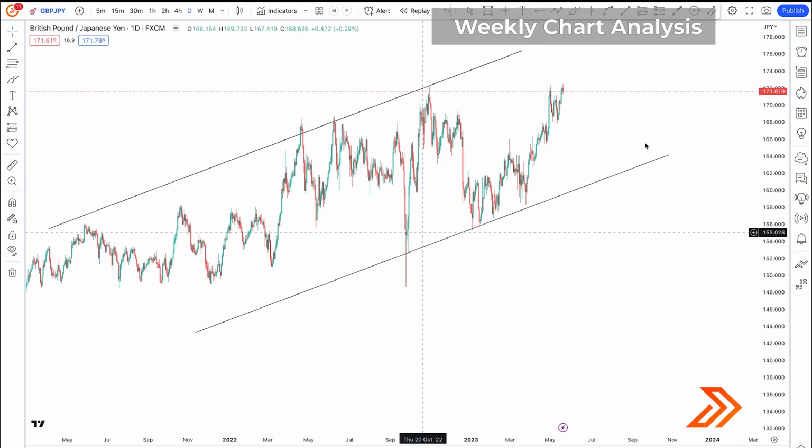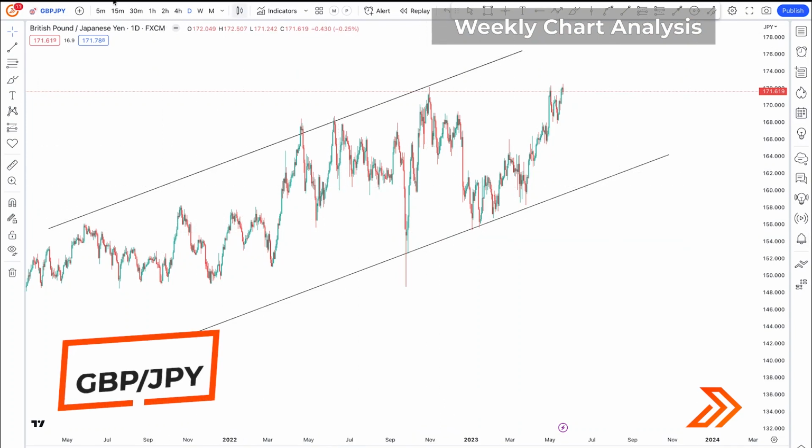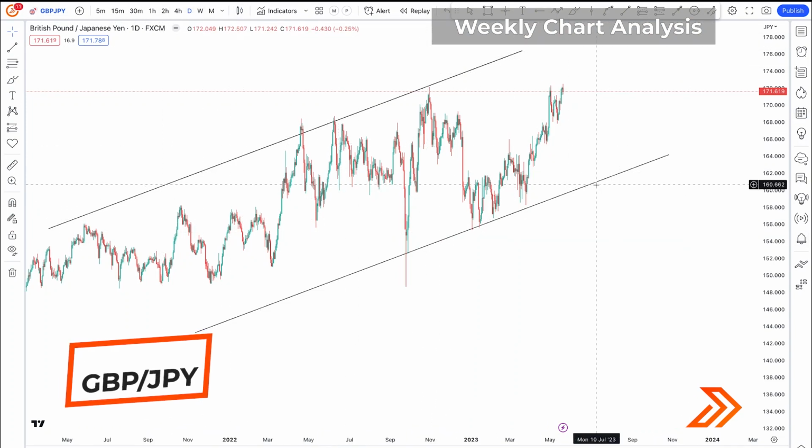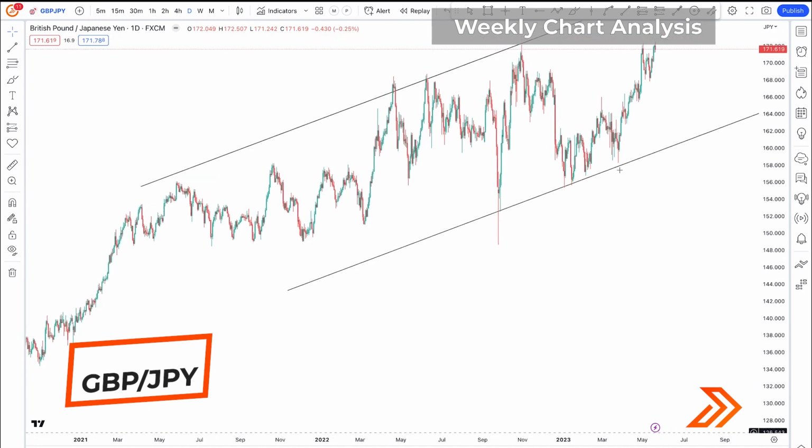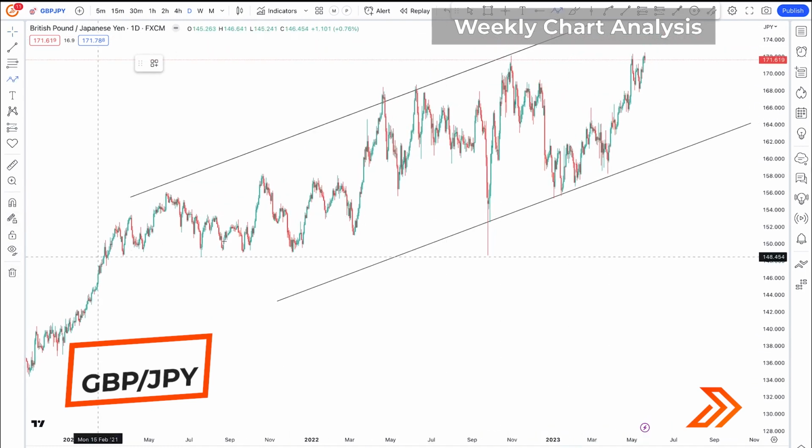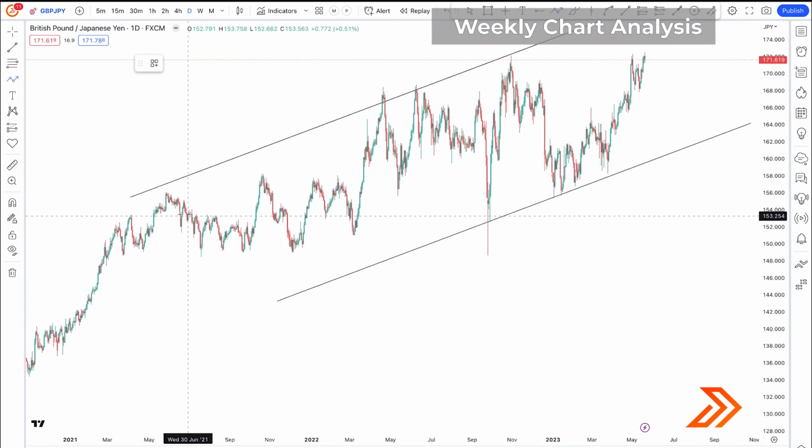The next pair that we'll be analyzing is pounds JPY. On pounds JPY, guys, it has been doing something amazing so far, and if you notice, price has been on an uptrend, and for you to know that price has been on an uptrend, it creates higher highs and higher lows.